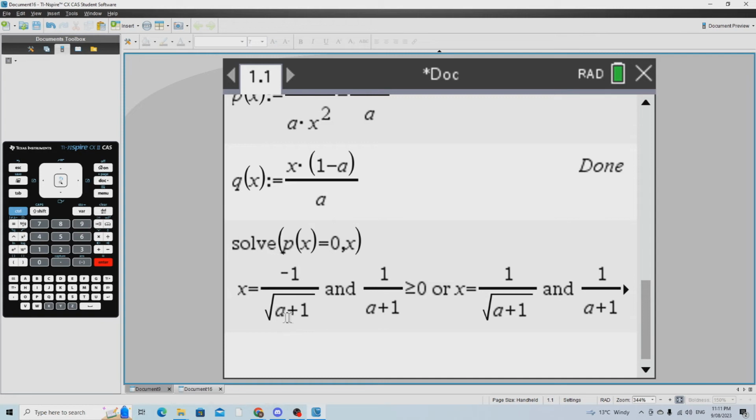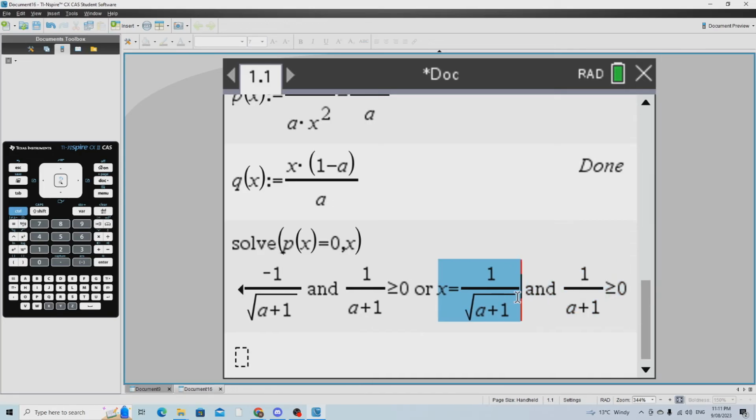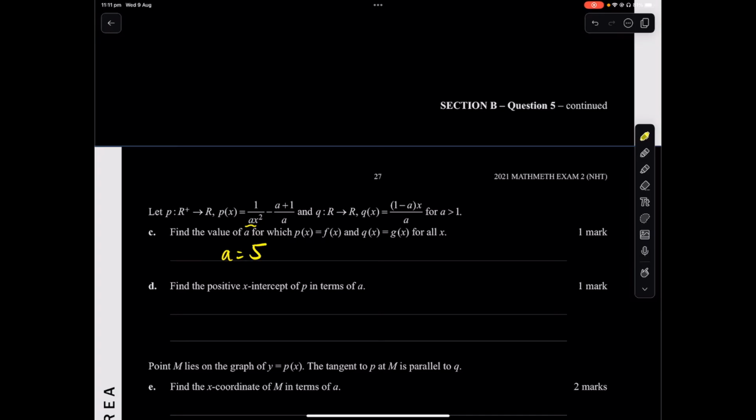Because we know A is greater than 1, this will be negative, but we want only this one. So x is equal to 1 over root A plus 1.